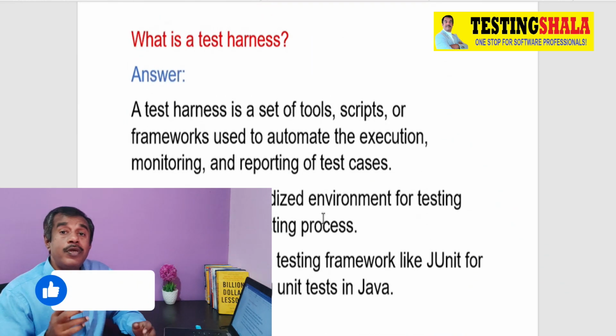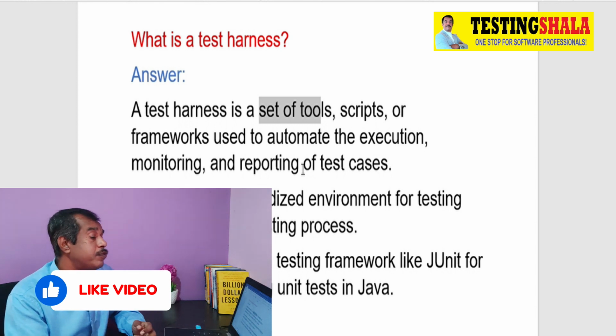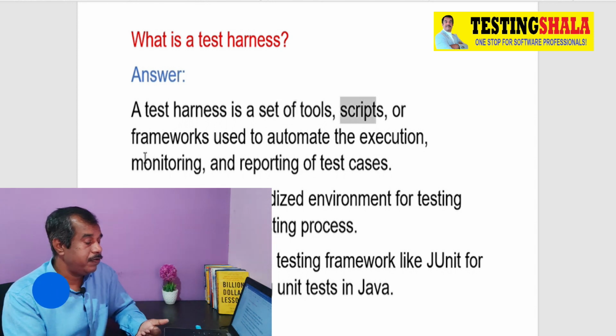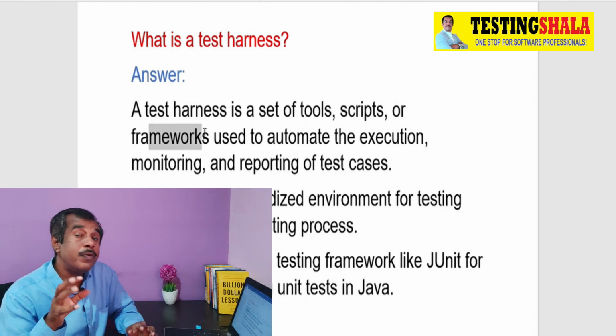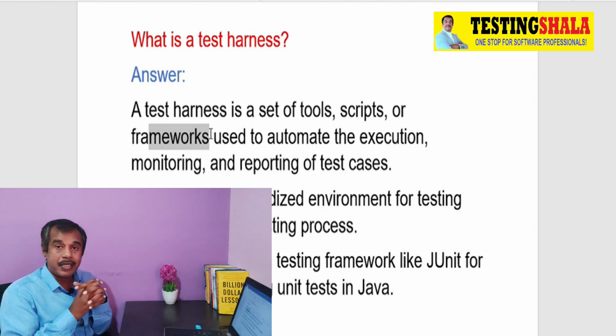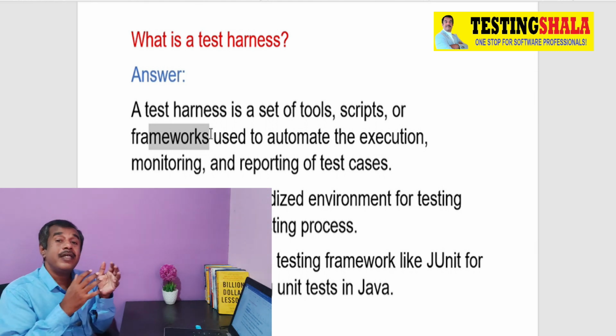What is a test harness? A test harness is a set of tools or scripts or a framework, and the framework can be any kind of framework. Normally it is used to automate the execution, monitor those executions, and report the results of the test cases. We call the entire suite a test harness.